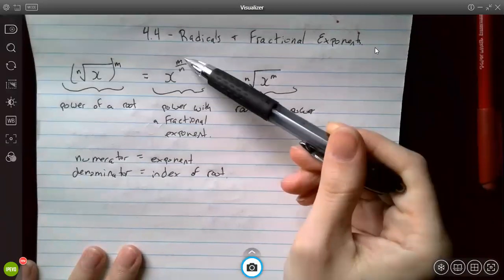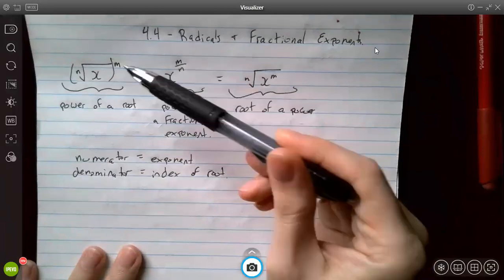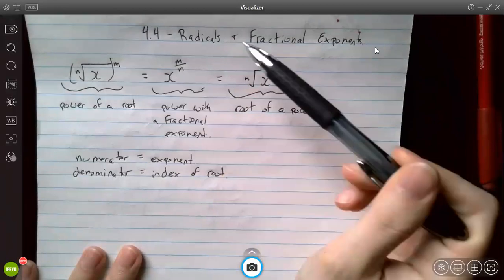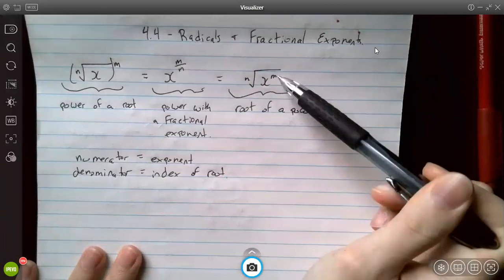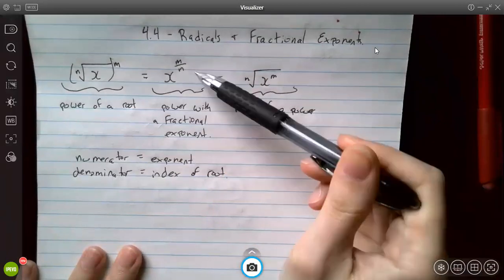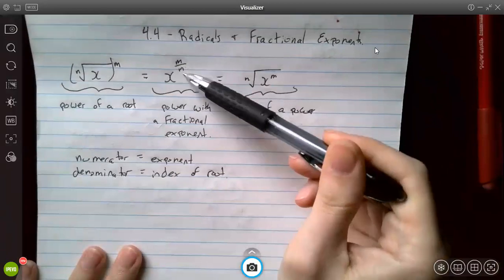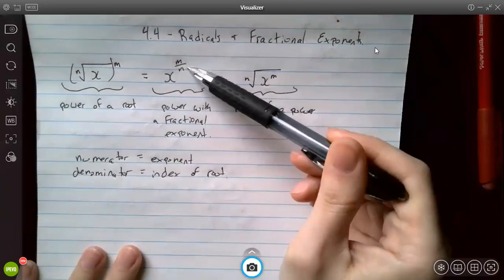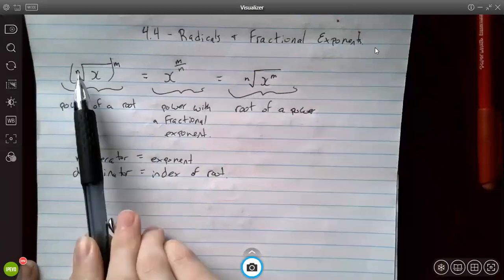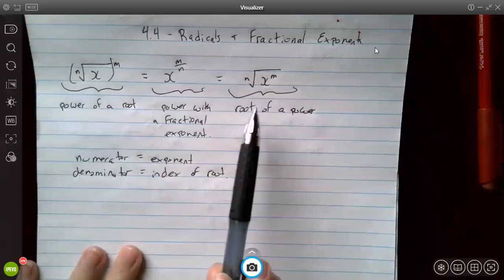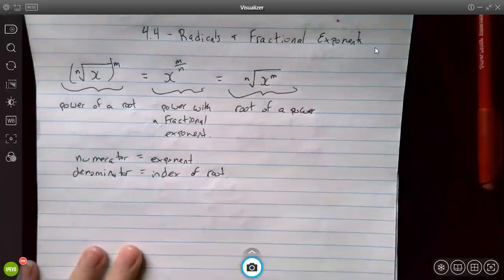The numerator, so the number on top of that fraction, is going to remain an exponent, even when it's in radical form. The denominator of your original fractional exponent is going to become the index of the root. So we're going to just walk through a couple examples of what this would look like.